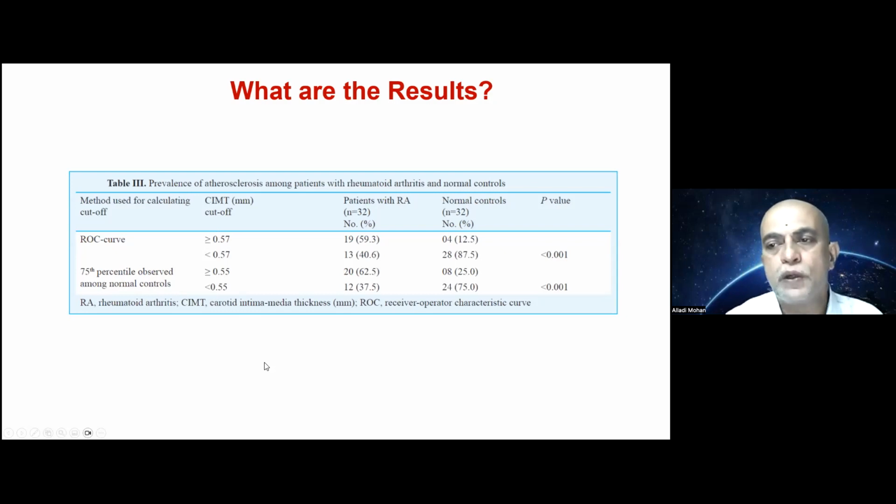So here, two different cutoffs were used to define yes or no atherosclerosis. These results add value to a randomly chosen mean value or a median value or some such thing as a cutoff for defining atherosclerosis. Actually, this is the first and probably the only study from India where a CIMT cutoff was derived from Indian subjects.